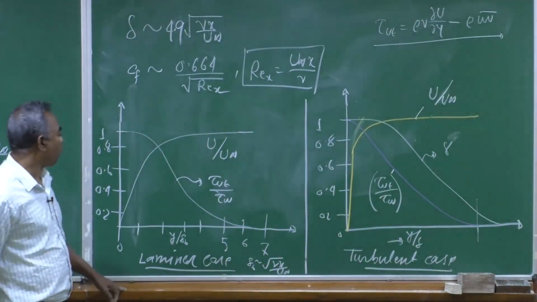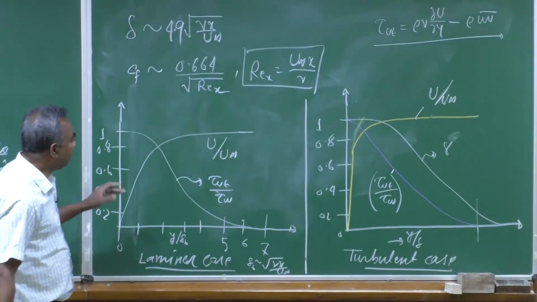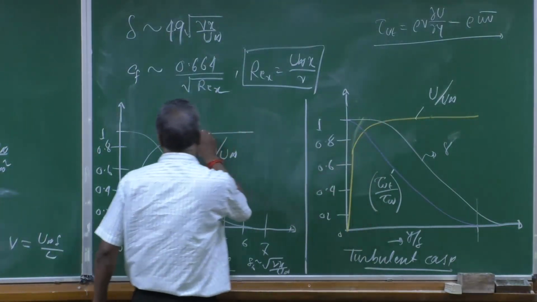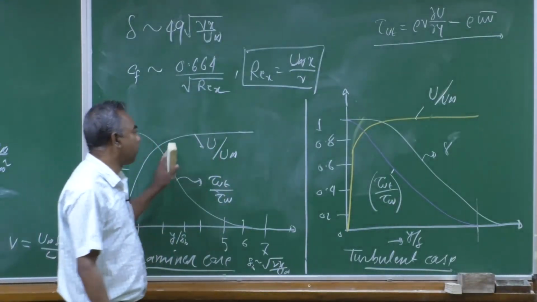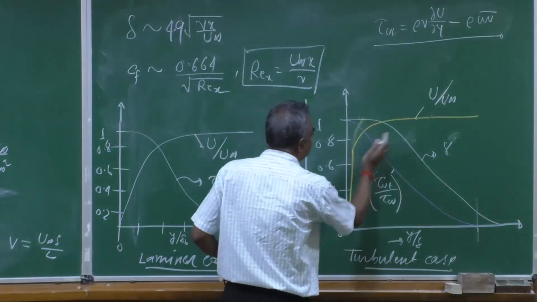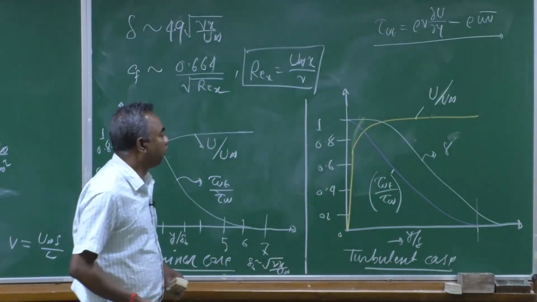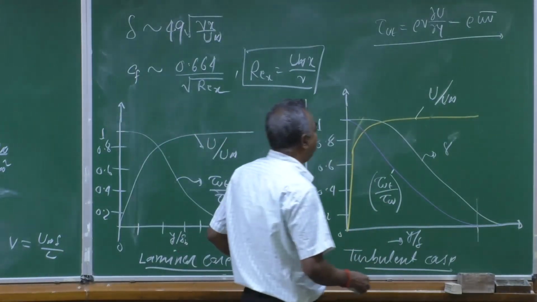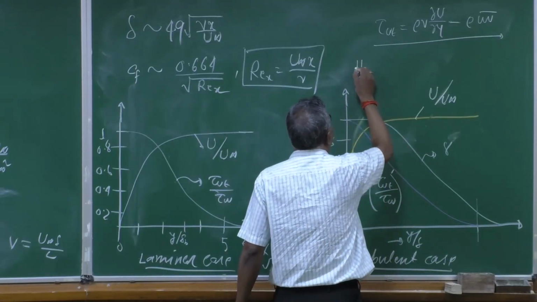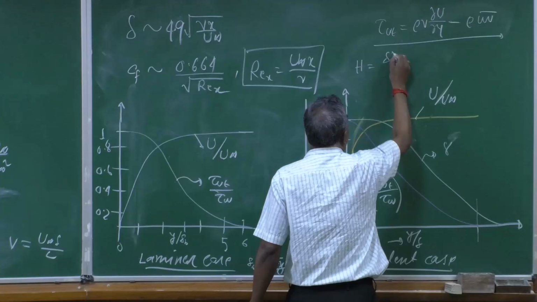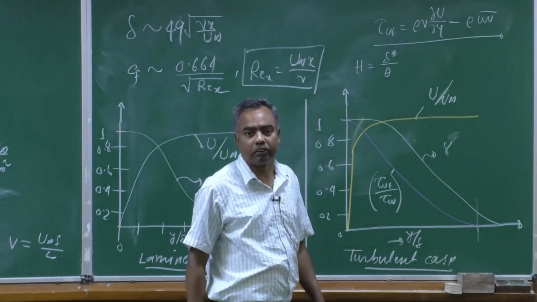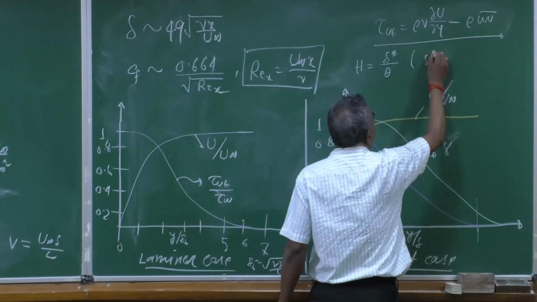What about the velocity? This turbulent velocity profile is flatter close to the wall as compared to the laminar velocity profile. This flatness is measured by a quantity called the shape factor, H, which is defined as delta star, the displacement thickness, divided by the momentum thickness.